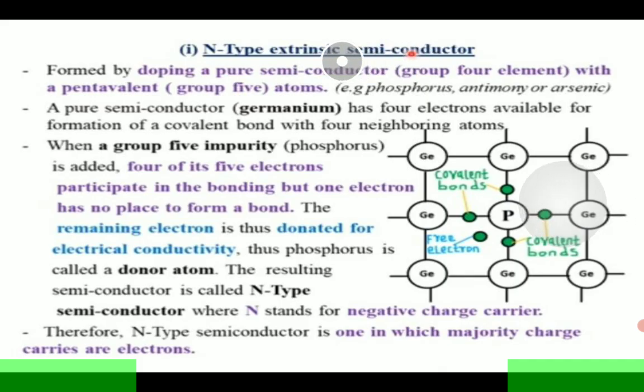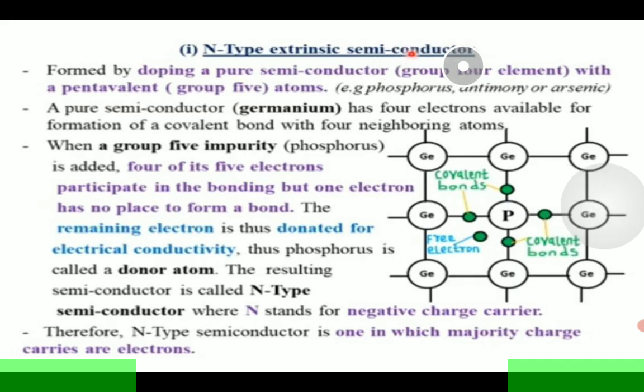All right. So what are we saying? We are saying that an N-type extrinsic semiconductor is formed by doping, or adding to a pure semiconductor such as silicon or germanium, a pentavalent atom.